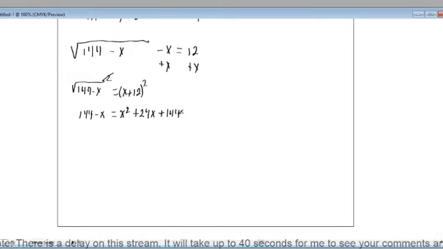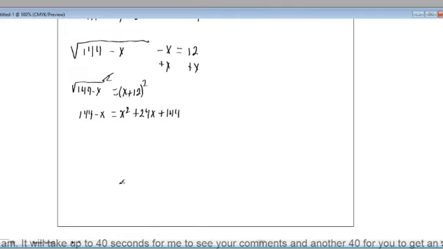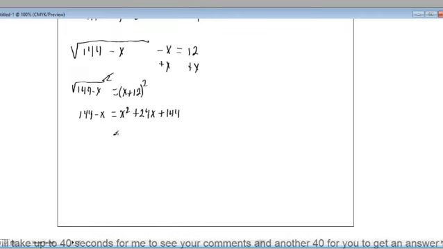So now I can start moving things around and trying to get something that I can solve. Now, what if one of the excluded numbers turned out to be a fraction? Again, if an excluded number turns out to be a fraction, that's perfectly fine.